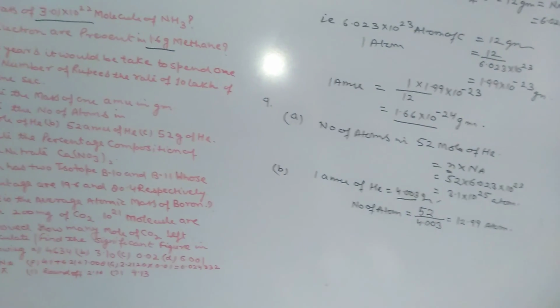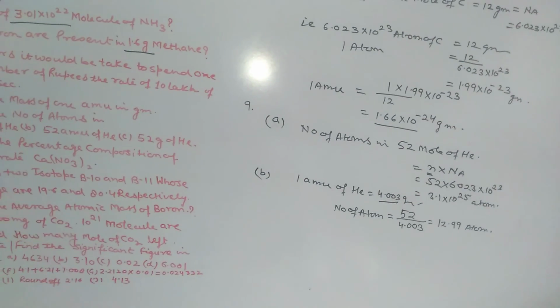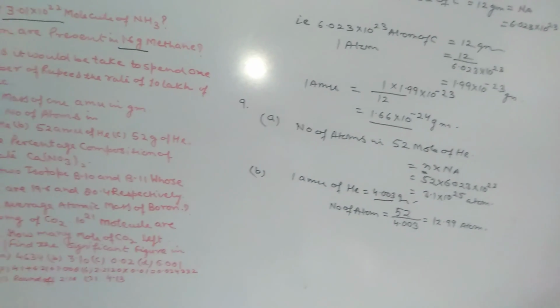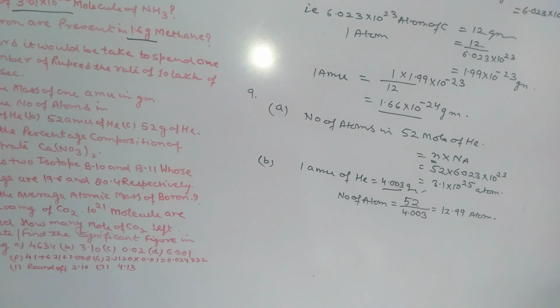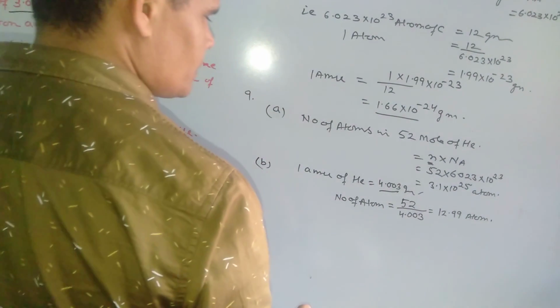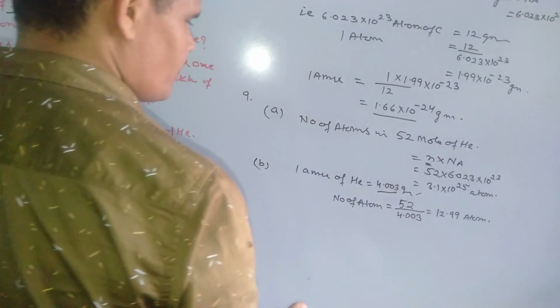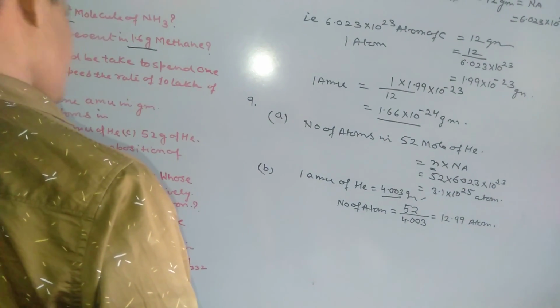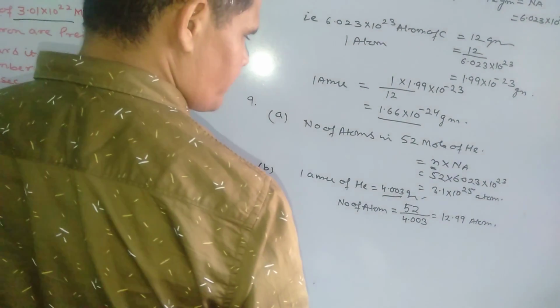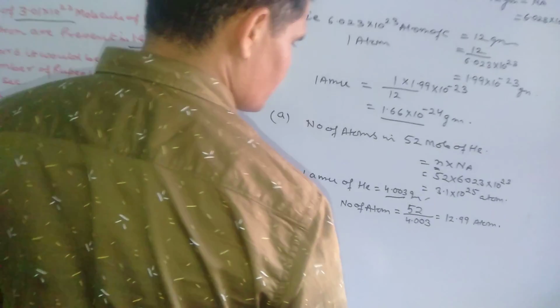That is, 1 AMU is 4.003 gram and in 52 AMU the number of atoms is 12.99 or 13 atoms.